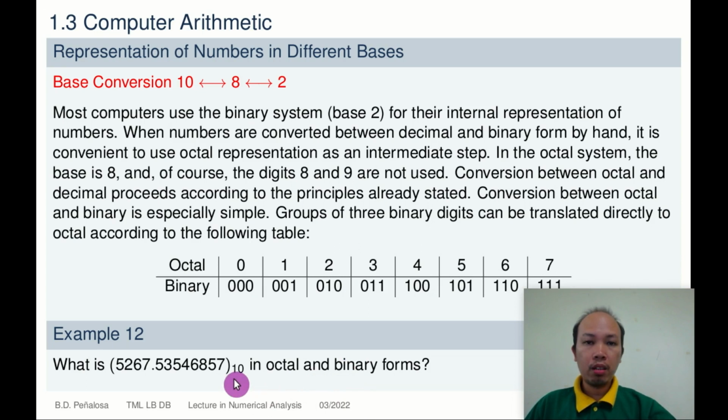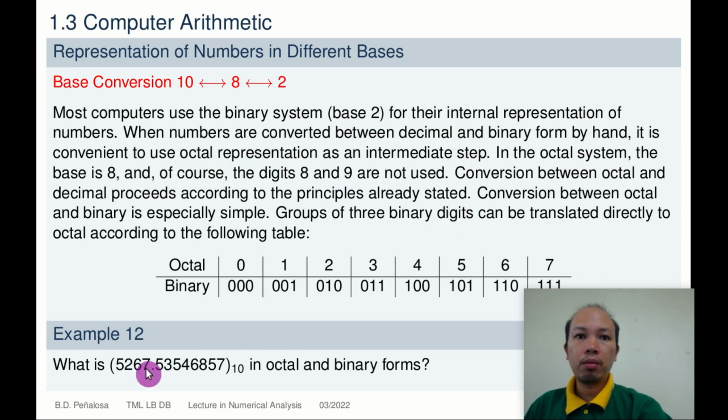Okay, so use this method first. It says here in the second sentence that in order to convert to binary, it is convenient to write it in octal representation first as an intermediate step.